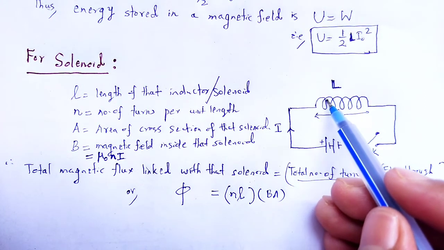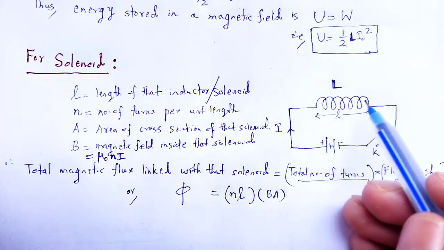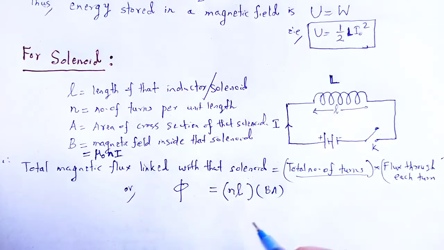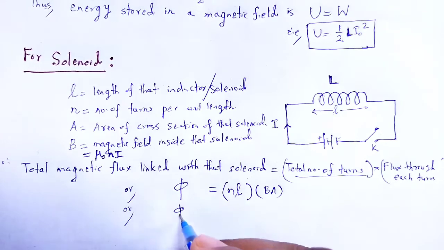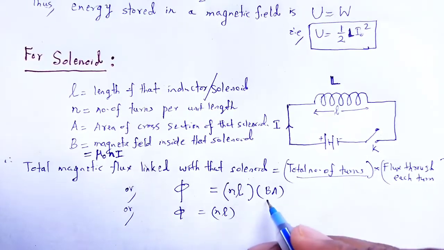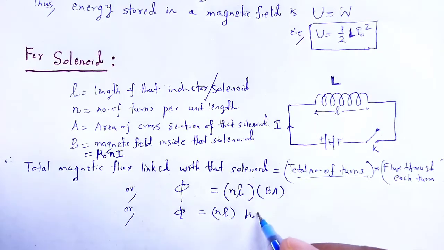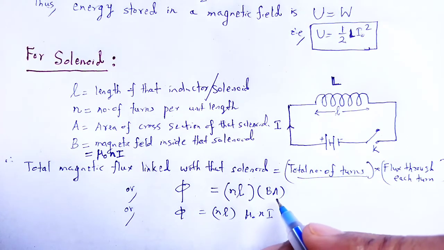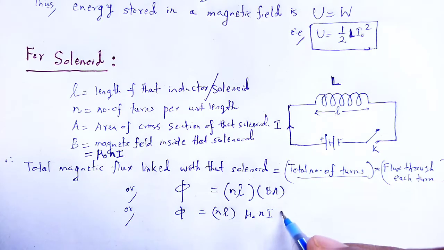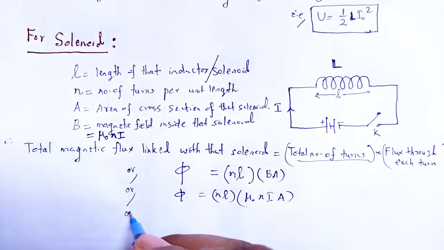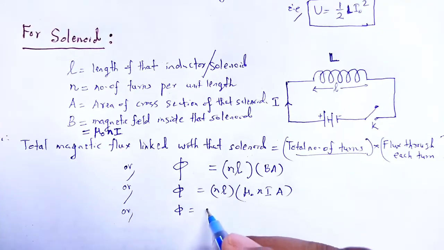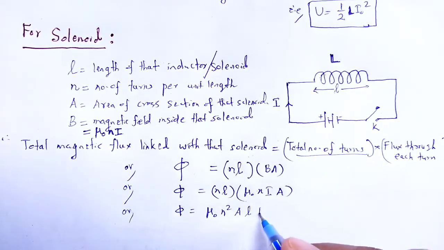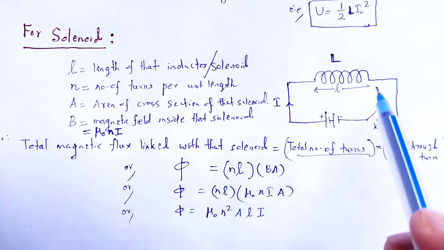Therefore phi is equal to nL, and in place of B we substitute mu naught n i, into area A. Or phi is equal to mu naught n square A L i, that is the magnetic flux linked with the solenoid. Equation number 1.